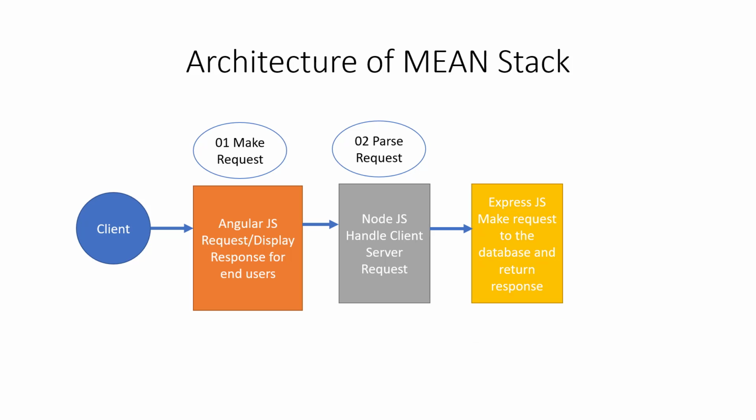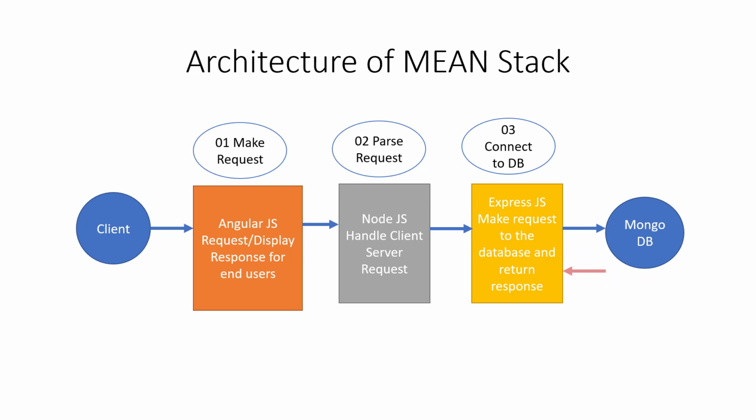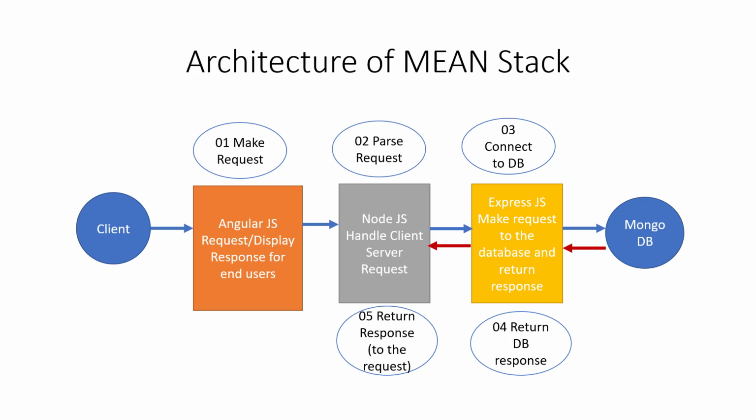Node passes it to Express.js to make a request to the database and return the response. This is basically to connect to the database, which is MongoDB, and MongoDB in its turn returns the DB response, and then it returns the response to the request, Node.js to Angular, and it displays the response.